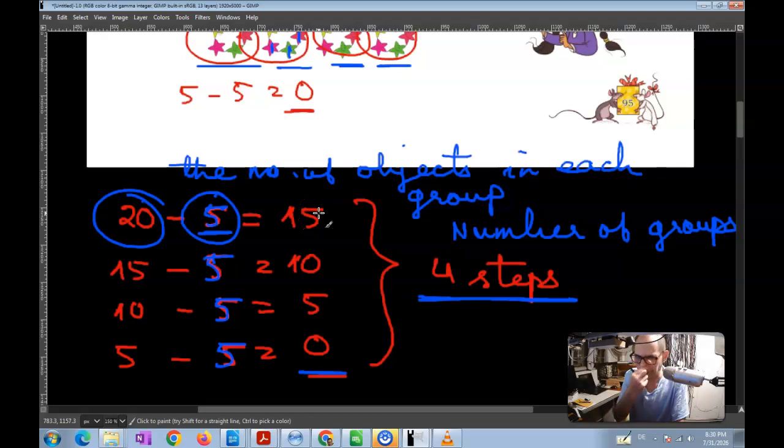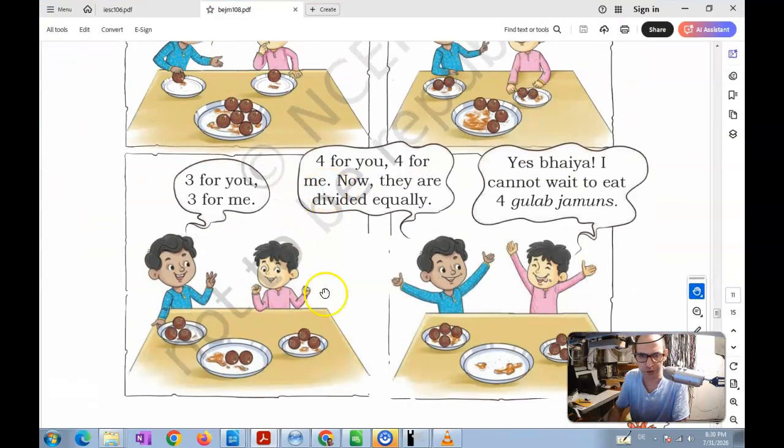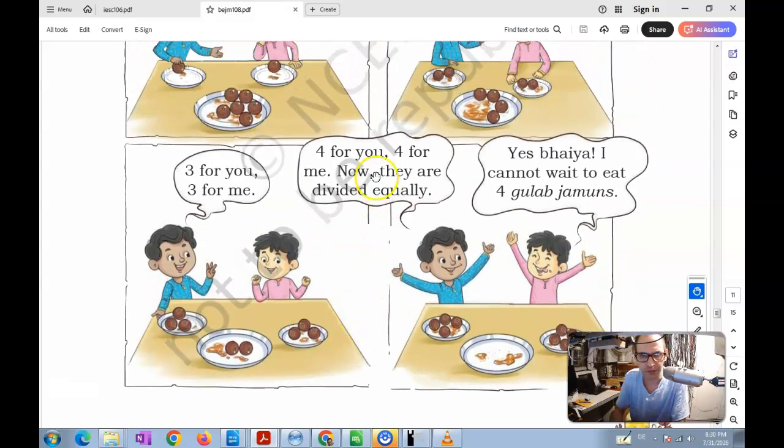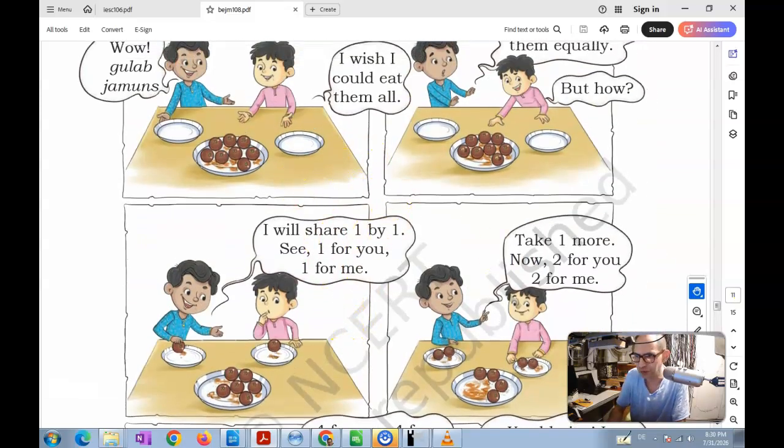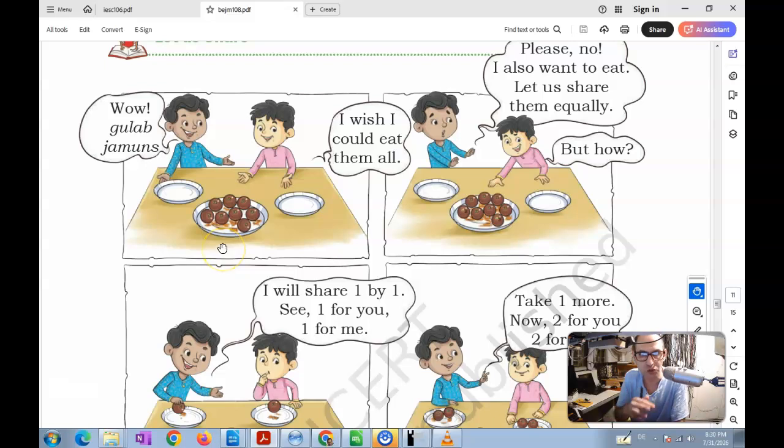Okay, so in the previous examples we had essentially the opposite of this situation. There, the constant number that we were subtracting gave us the number of groups. For example, we had 8 gulab jamuns, and we were subtracting 8 minus 2, then 6 minus 2, 4 minus 2, and 2 minus 2.